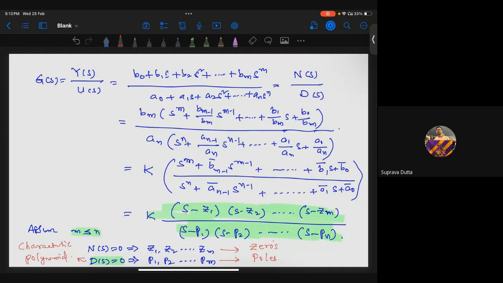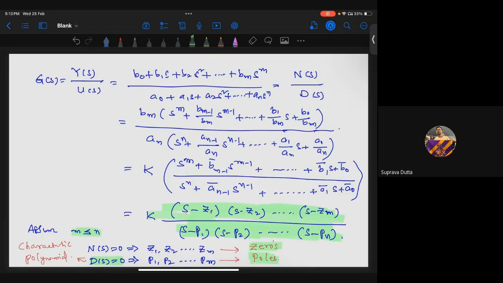That's why each of these is called a zero. Similarly in the denominator, if you substitute p1 or p2, what do we get? Undefined, it goes to infinity. So we call them poles. These are the zeros and poles.